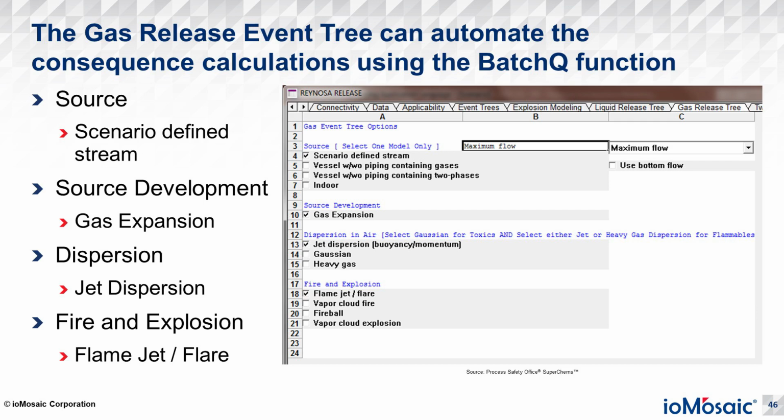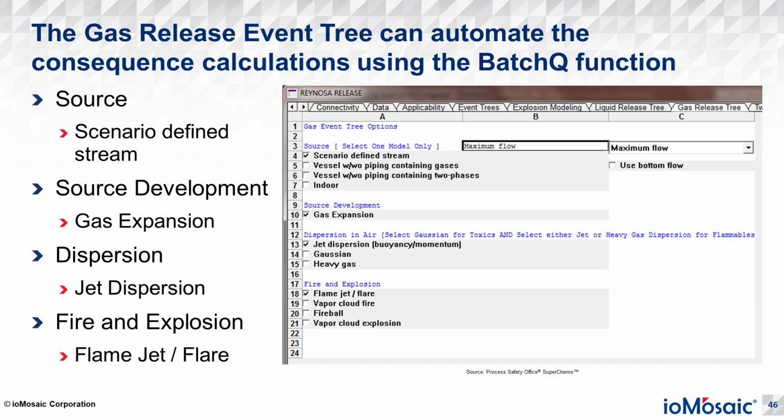In our case, it's a scenario-defined stream, and then we can select source development, basically allowing our vapor to expand to atmospheric pressure, and then we can select the dispersion model, in this case, jet dispersion. And then we can select various outcomes from either flame jet or flare, vapor cloud fire, fireball, or vapor cloud explosion. In this case, I only selected the flame jet or flare to represent our jet fire.